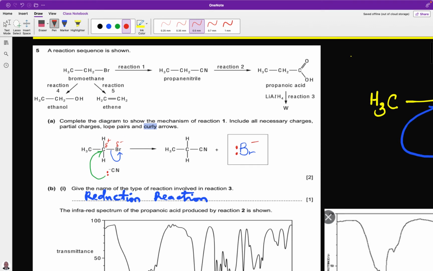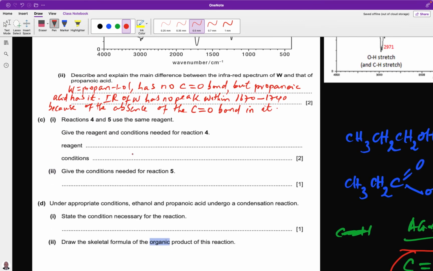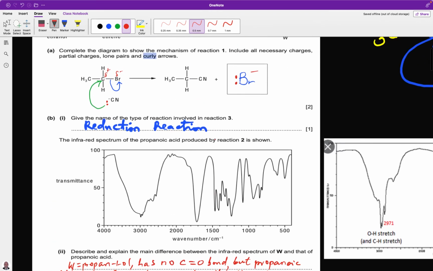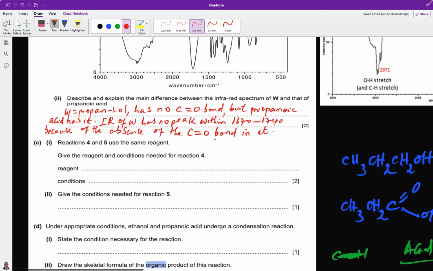Back to the question: give the reagent and condition needed for reaction 4. In the formation of ethanol in reaction 4, the reagent will definitely be sodium hydroxide.